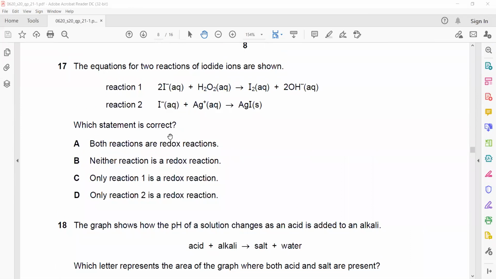Question 17. The equations of two reactions of iodine are shown. Which statement is correct? To identify an oxidation or redox reaction, you can identify in terms of oxygen, or you can identify in terms of charges.